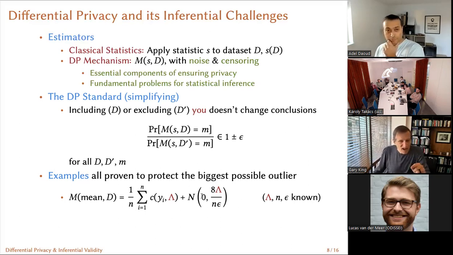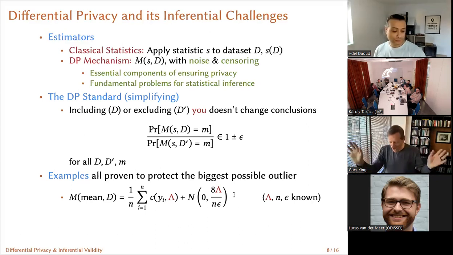Now I went through this with some precision because we're going to generalize from this mean to any other estimator you want by turning all those estimators into a mean. There are plenty of other very precise ways of developing mechanisms that are differentially private for every statistic out there, and lots of articles trying to prove this for logit coefficients and all kinds of crazy things.